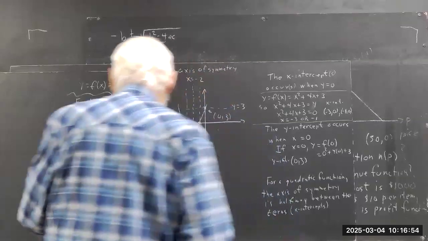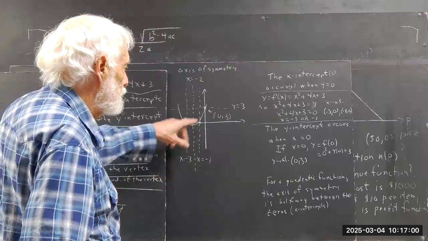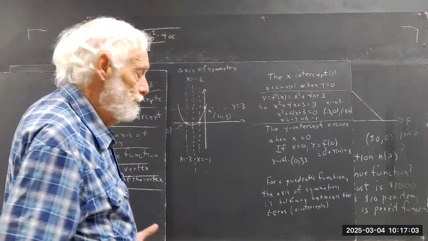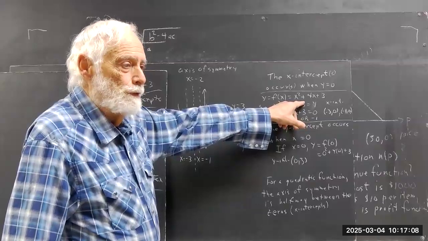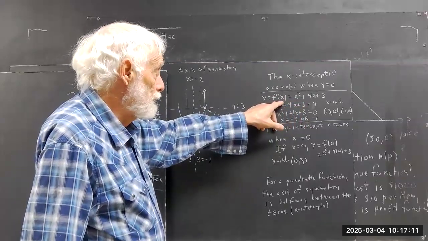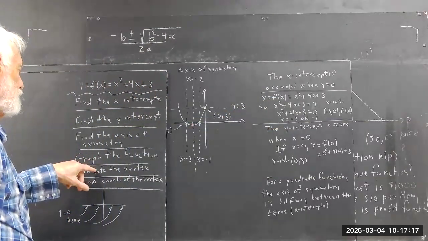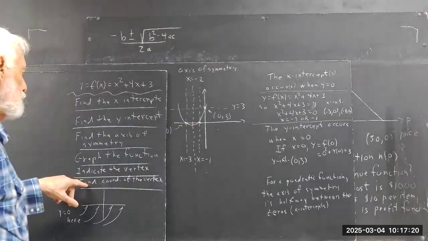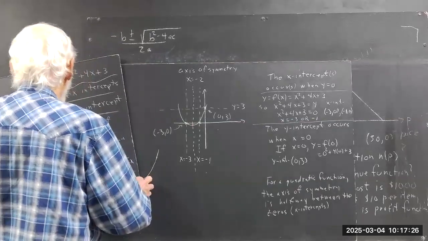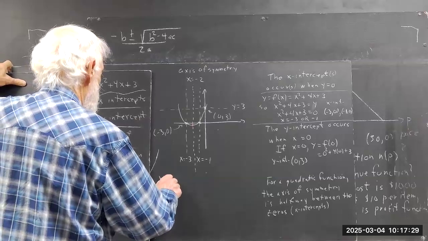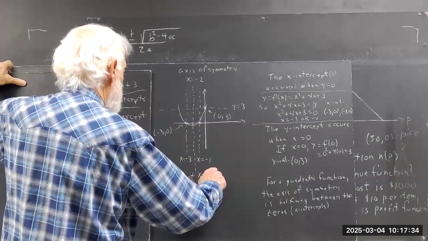Okay. So first of all, you realize that, okay, now we know the x coordinate. How are we going to find the y coordinate? Well, we've got the rule for the function. That's what the function tells us. It tells us if we know what x is, we find what y is. So we've indicated the vertex. We want to find the coordinates of the vertex. So the vertex x equals -2.